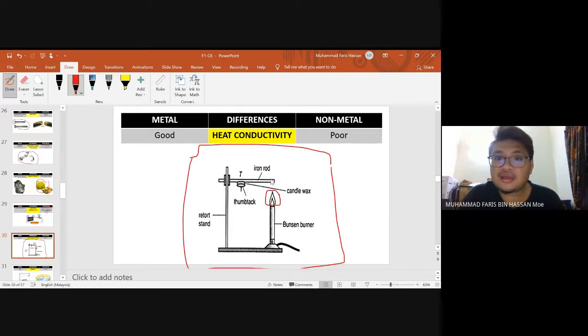Because the iron rod is a heat conductor, it causes the candle wax here to melt and makes the thumbtack detach from the candle wax, so the thumbtack falls down to here. So it shows you that metal is a good heat conductor.